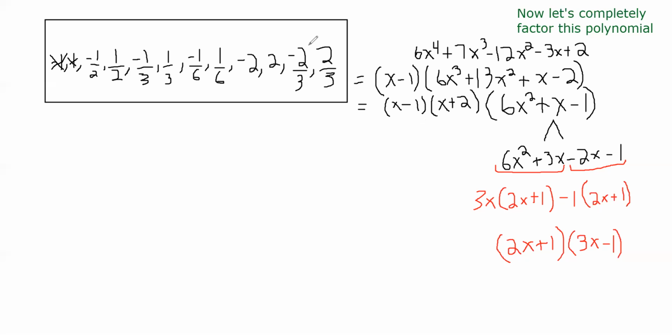And so finally, the fully factored form of 6x to the fourth plus 7x cubed minus 12x squared minus 3x plus 2 is this business plus, in addition, the x minus 1 and x plus 2 factors we'd already taken out.